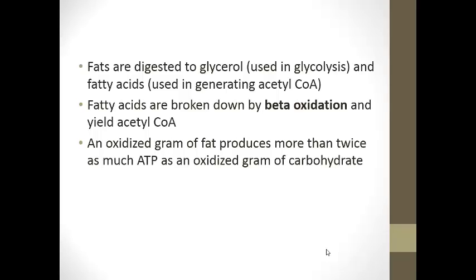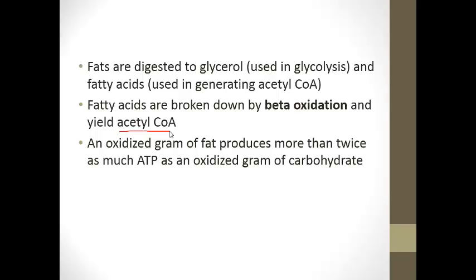These long chains of hydrocarbons that we call fatty acids are broken down into 2 carbon molecules through the process of beta oxidation. These 2 carbon molecules become acetyl-CoA and can then enter the citric acid cycle.